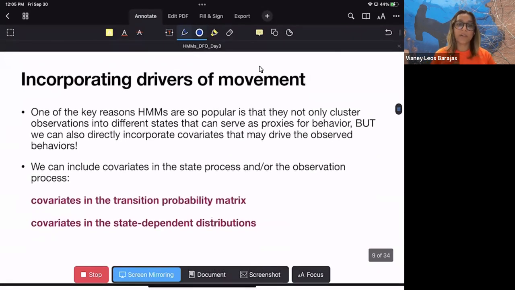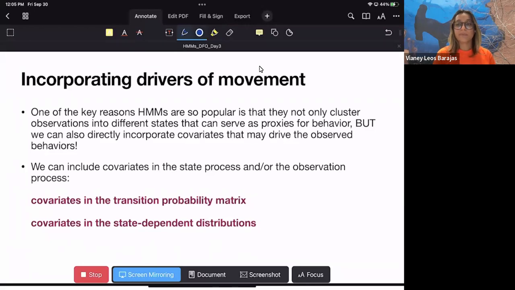And when we think about incorporating covariates, what we're trying to do is incorporate drivers of movement. So one of the key reasons hidden Markov models are so popular is that they not only cluster observations into different states that hopefully serve as proxies for behavior, but we can also directly incorporate covariates that may drive the observed behaviors.